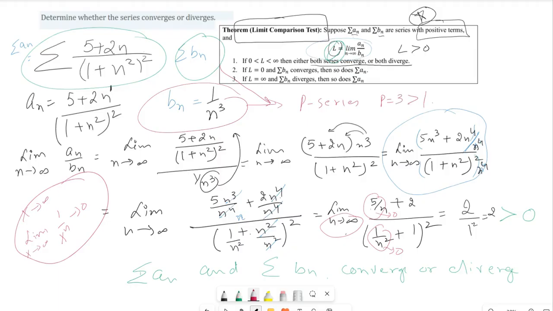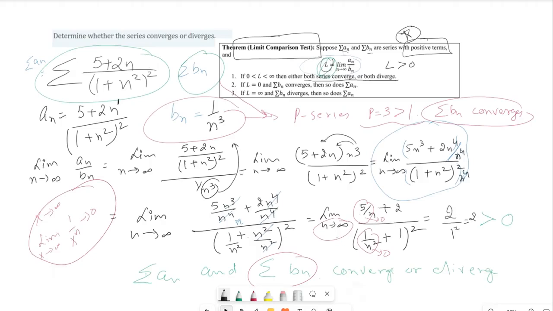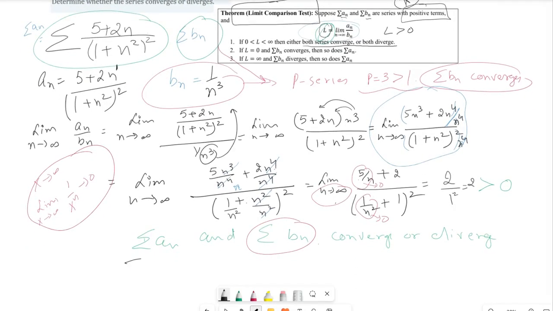Therefore, this sigma b_n converges. Remember, a p-series converges only for p more than 1. Therefore, this converges, and because they converge or diverge together, we know b_n converges. Therefore, we can claim that our given series, sigma a_n, which we can also write as (5 plus 2n) by (1 plus n squared) squared, converges.